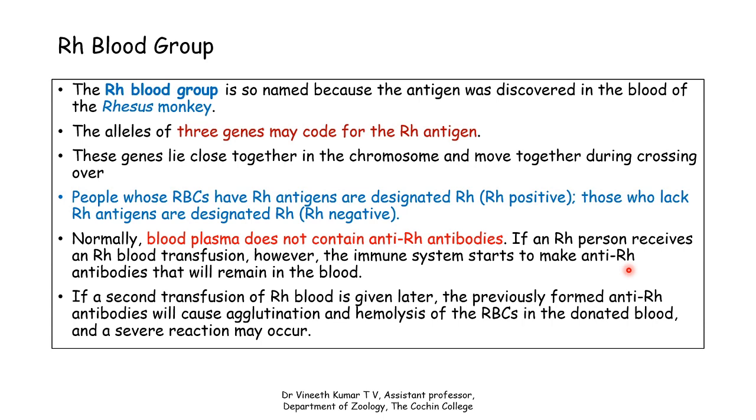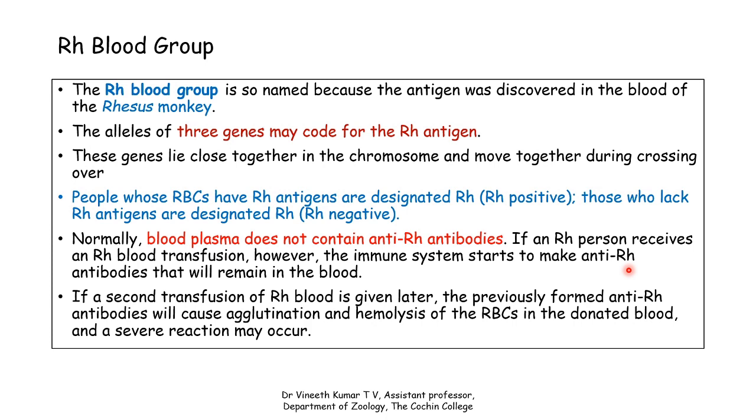It is believed that the alleles of three genes may code for the RH antigen. There are three genes, and the alleles of these three genes code for this particular RH antigen. It is also known that these three genes lie very close together on the homologous chromosome. Their locuses are very close, and hence they move together during crossing over, in the sense that there is less possibility of crossover between these three genes. As a result, they behave as a single gene during crossing over.